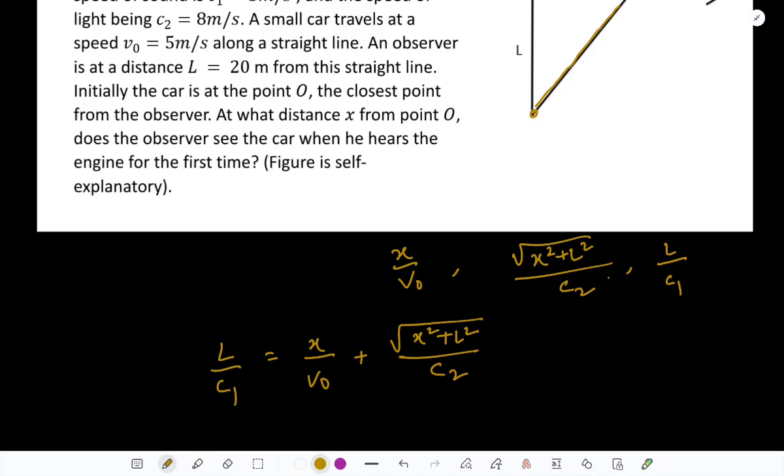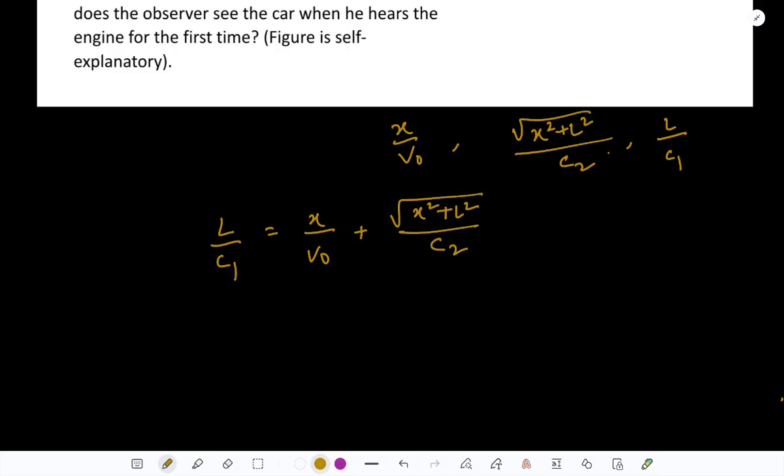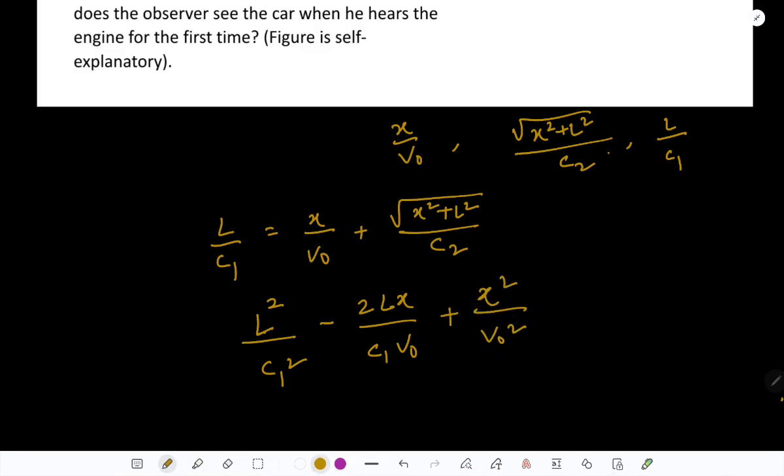Now you can do some obvious transformations. I did one. Try to get an equation like L square by c1 square minus 2Lx by c1 v0 plus x square divided by v0 square.